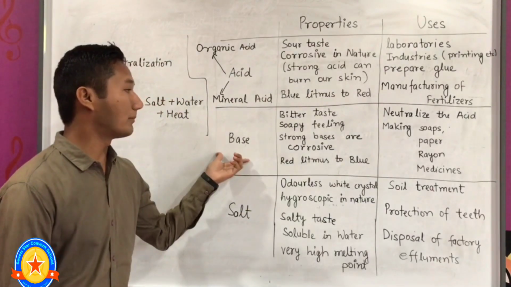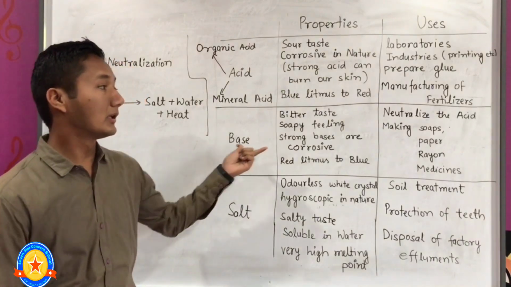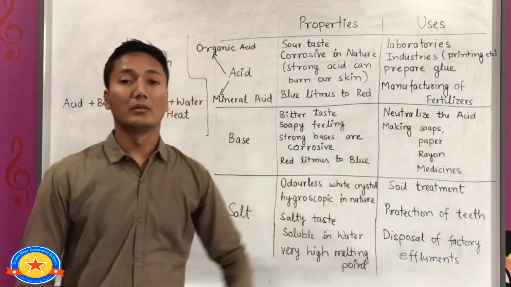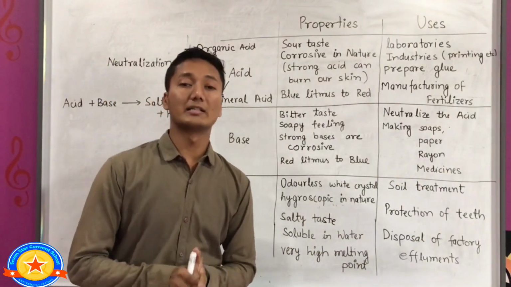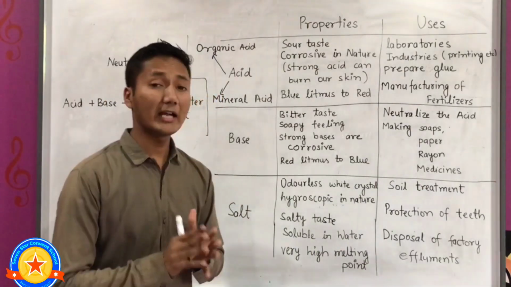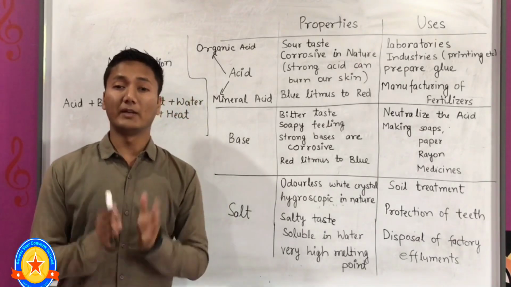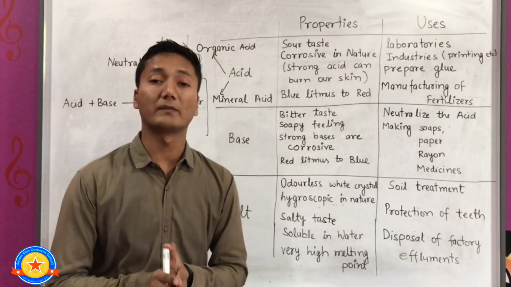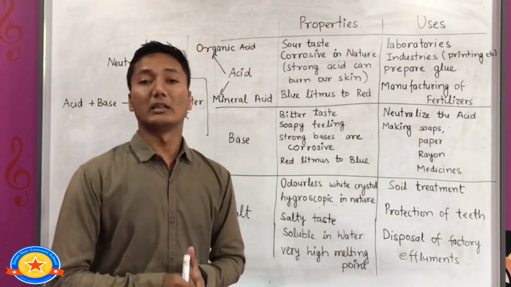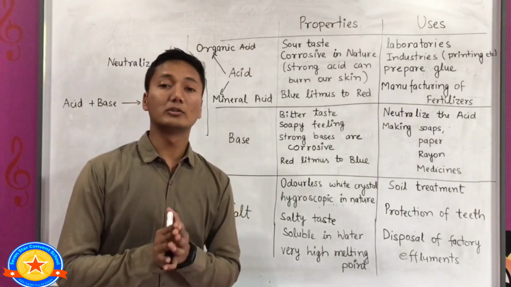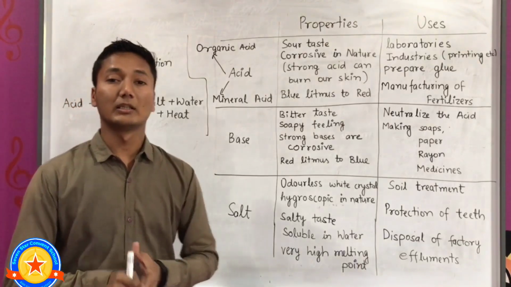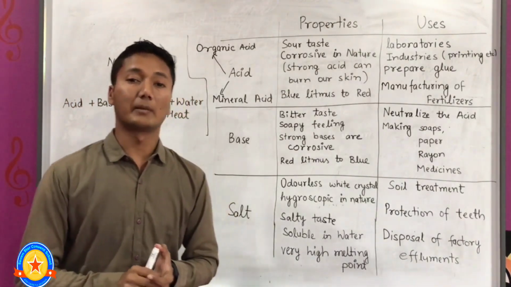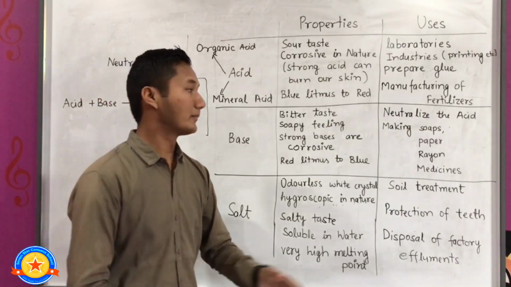Now if we come to the base, the use of base is to neutralize the acid. The main work of a base is to neutralize the acid. That means if our field is very acidic, then we can use the base to make our field normal. Then we can do a good amount of agriculture and we can get a very high amount of production from that field.